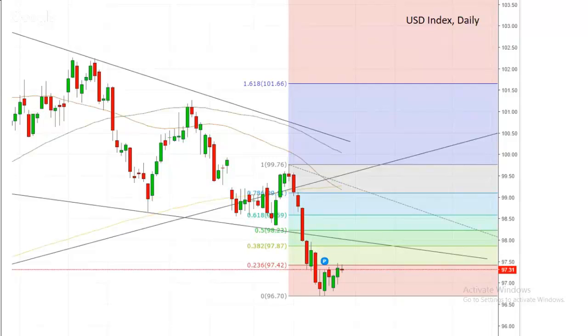Otherwise, if the Federal Reserve is cautious, if the Federal Reserve is not sure that Donald Trump will proceed with his tax reforms and not sure that American economic recovery will continue as planned, well, in this case, we'll see the US dollar test local lows, and this consolidation we are currently witnessing in the US dollar index will be a flag, a continuation pattern, which will signal the continuation of the bearish dynamics in the American currency.